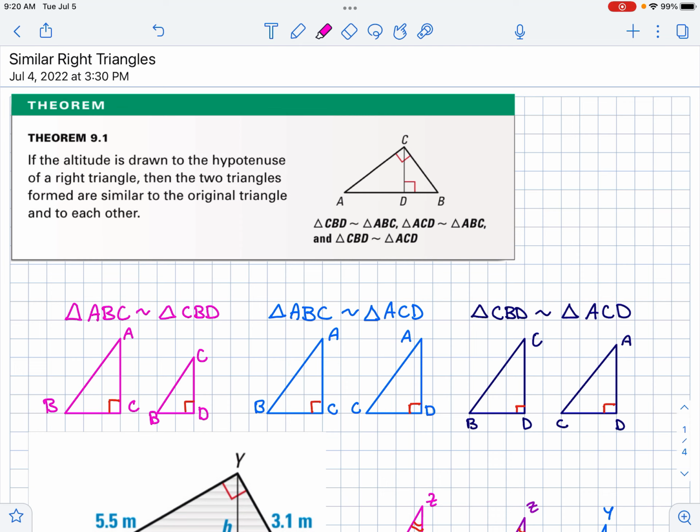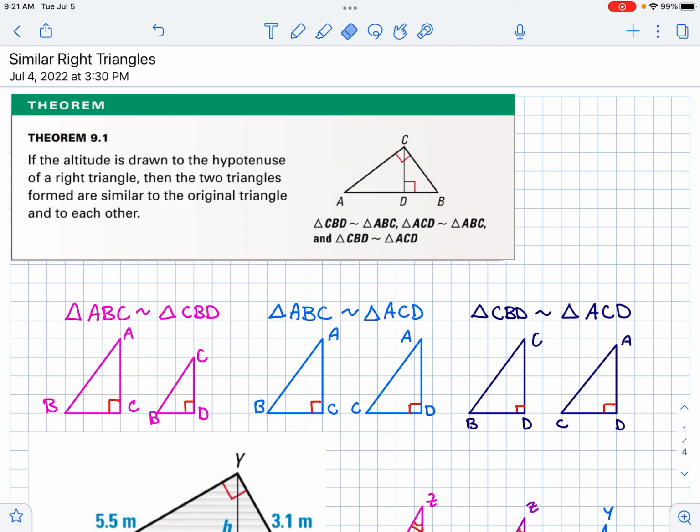Now, we've shown that both of these little triangles, this one and this one, are both similar to the big one. But what about to each other? In other words, this triangle here, CBD, is it similar to this one over here, the ACD? And the answer is yes.